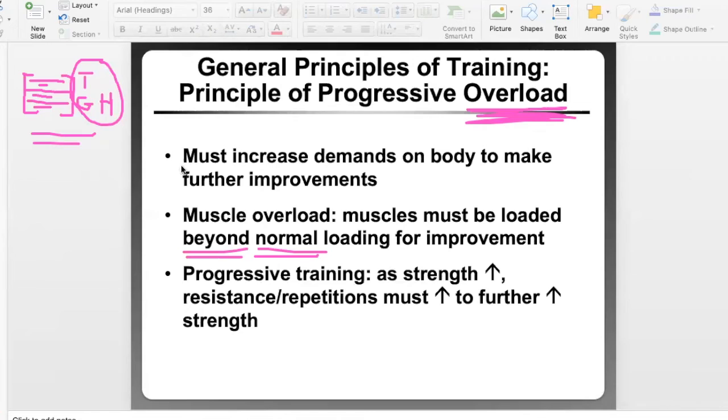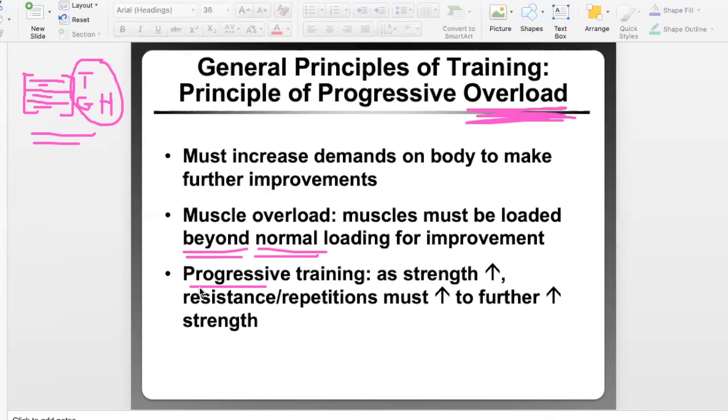So in order for your heart to get stronger, your cardiovascular system to get stronger, your muscles to get stronger, your flexibility, your aerobic power or anaerobic power to improve, you need to work those systems beyond what they're normally capable of doing. So there needs to be progress, right? You need to increase strength, repetitions, in order to increase your hypertrophy or muscle strength and power gains.